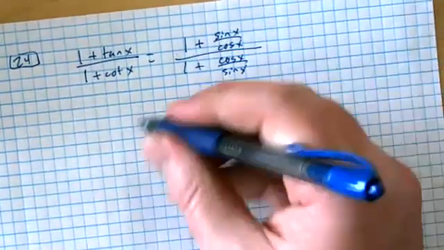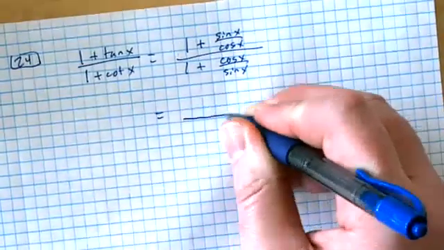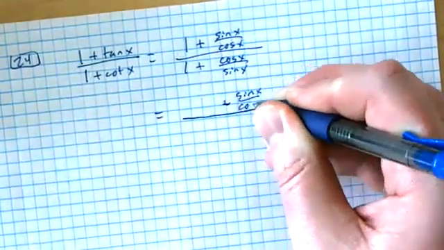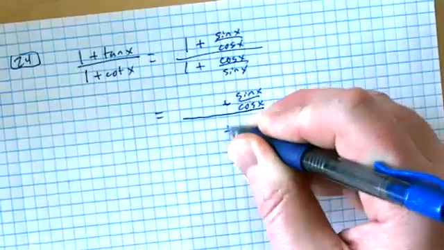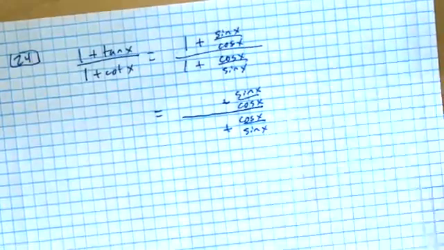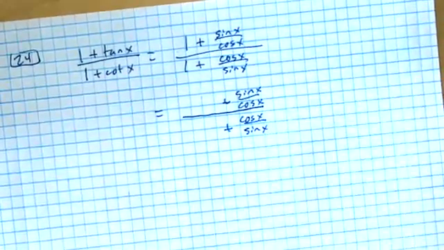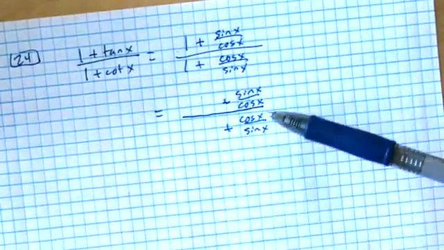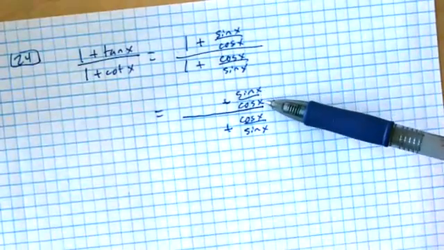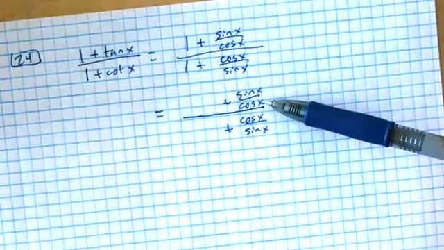So I'm going to rewrite this. I'm leaving the ones out. We're going to replace them with something. Those are ones. I'm going to come up with a fancy version of 1 that's going to be convenient for me because it'll have a common denominator with this fraction here. What's that fancy version of 1 going to be?